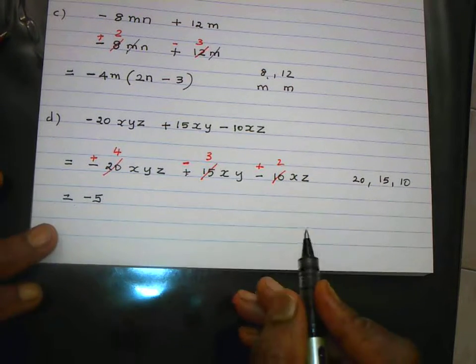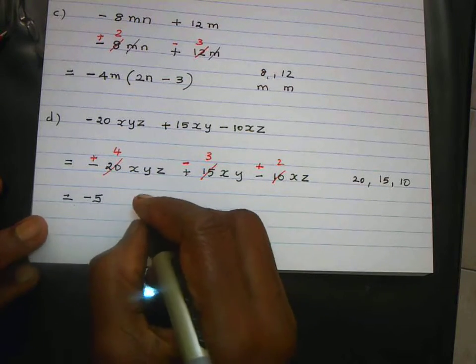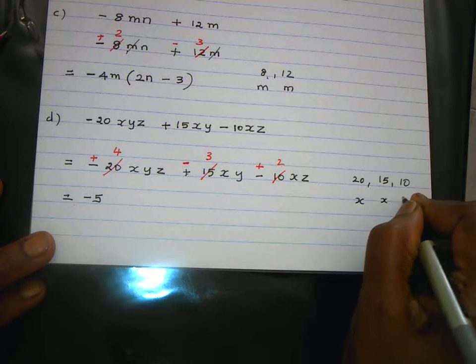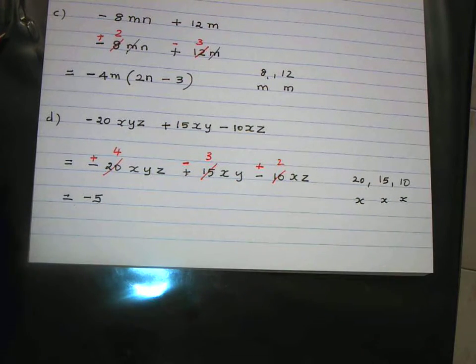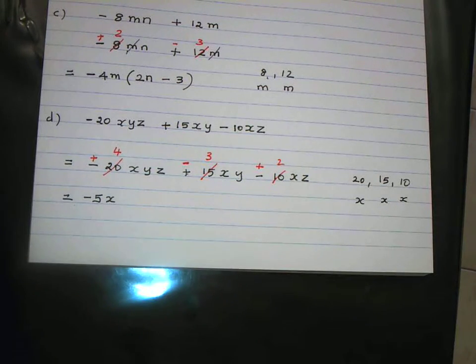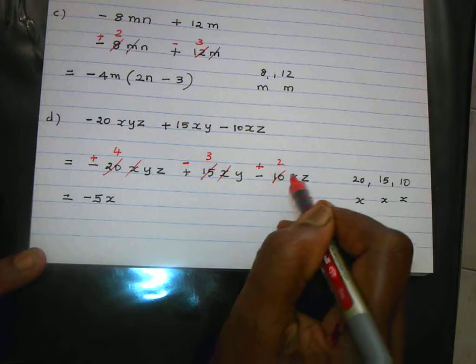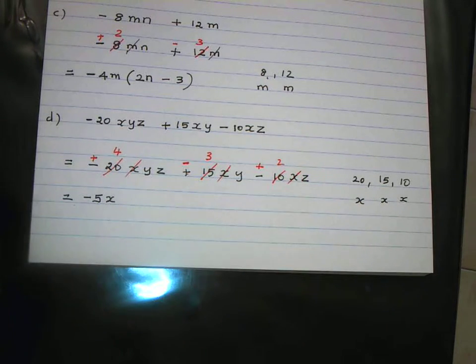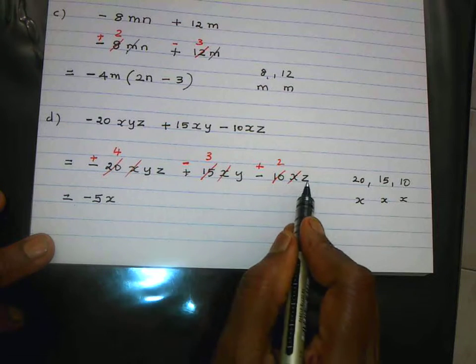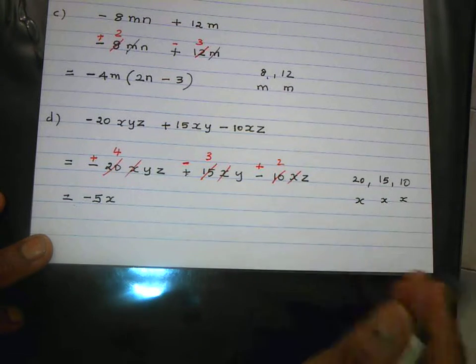Now I have to look at the pronumeral part. I'm just going to write x, x, x. That means all of them have x. I'm going to write x. When I write x, I'm going to cross the x in everything. Then when I look at anything else, y, there's no y in all the 3. I can't do it, so that's about it.